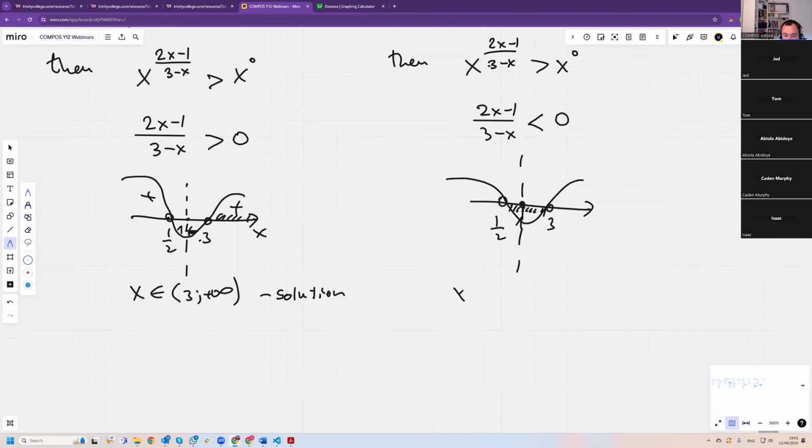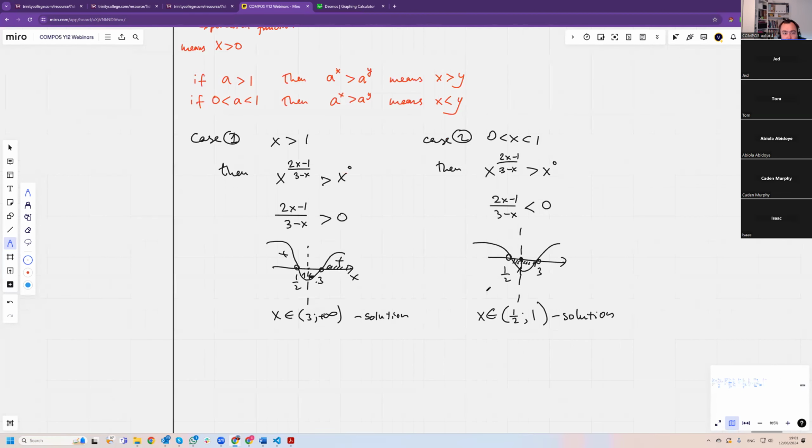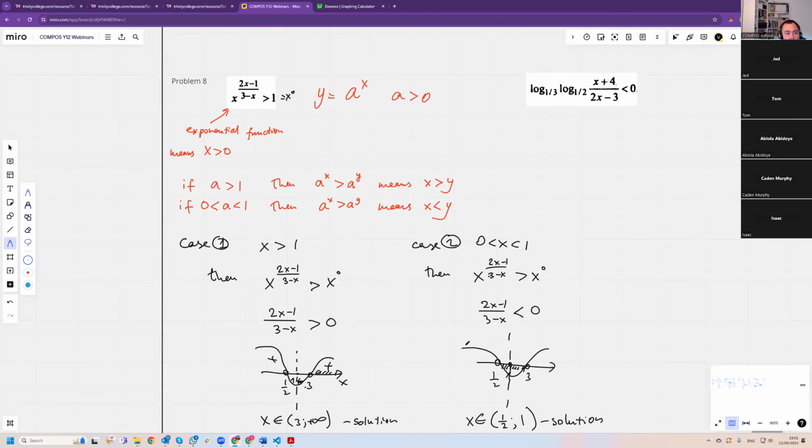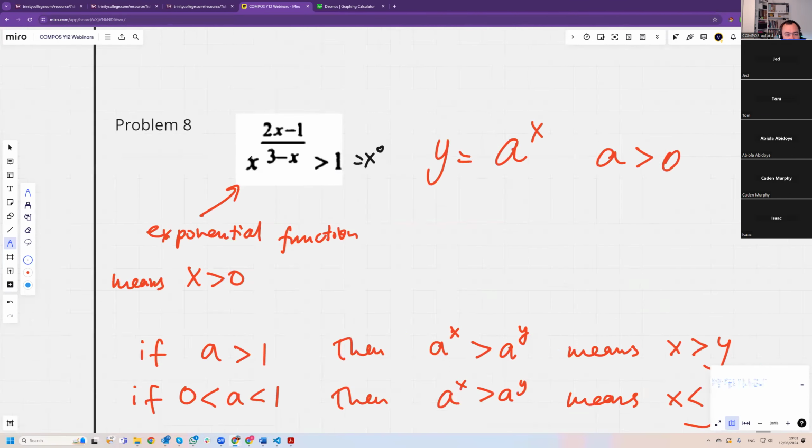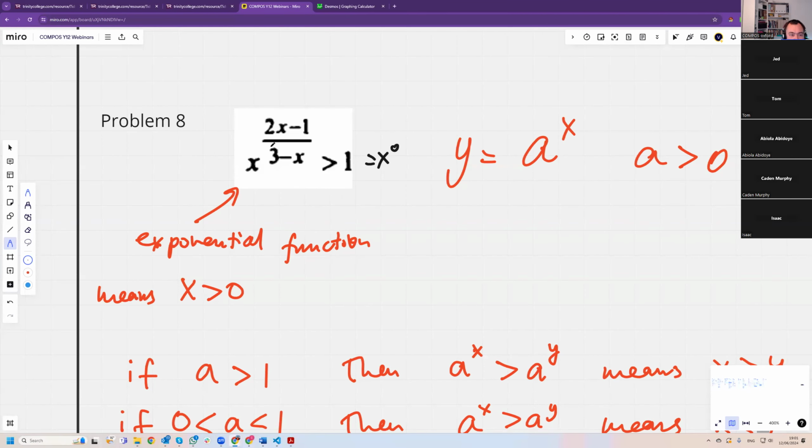So x belongs from 1/2 to 1 is a solution. And we just need to figure out what to do with 1. If x is 1, this is 1 to the power 1 over 2.